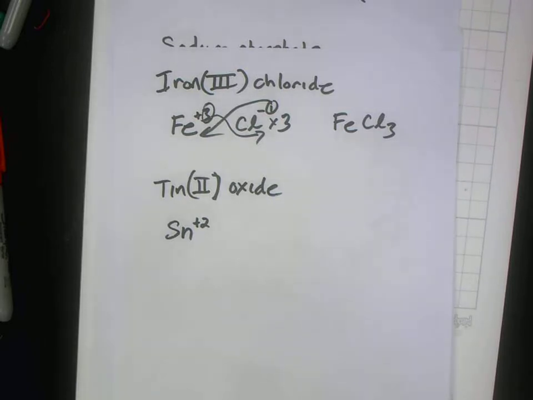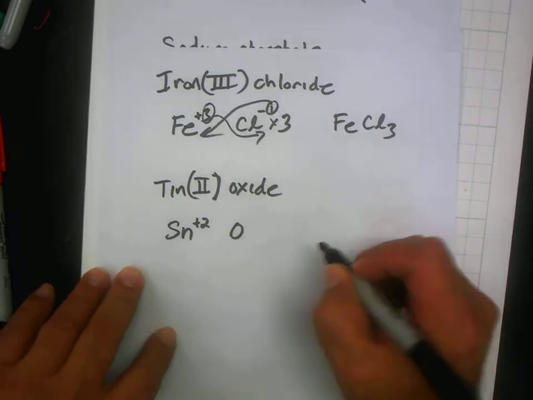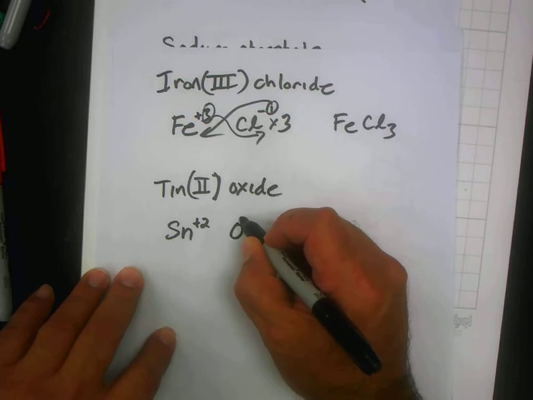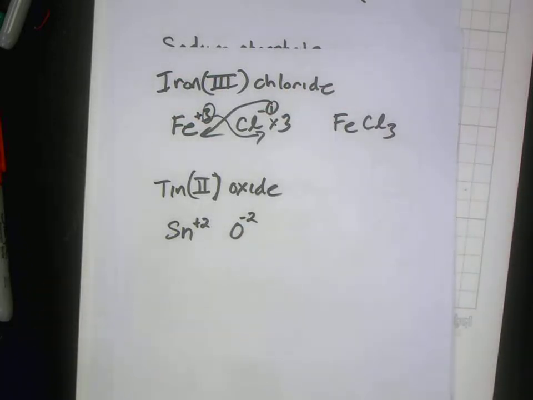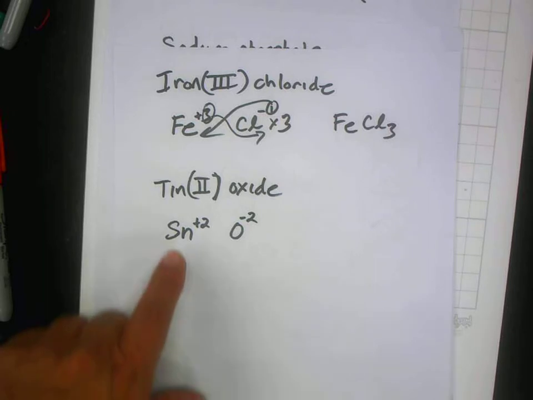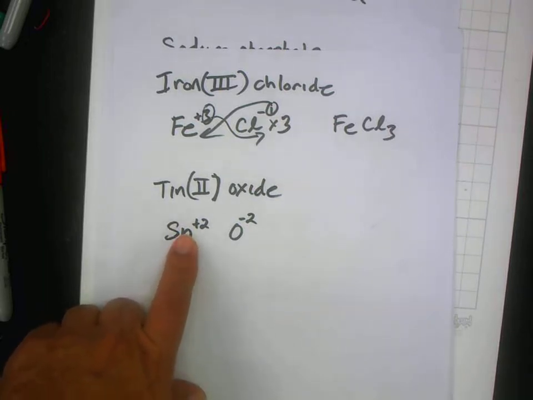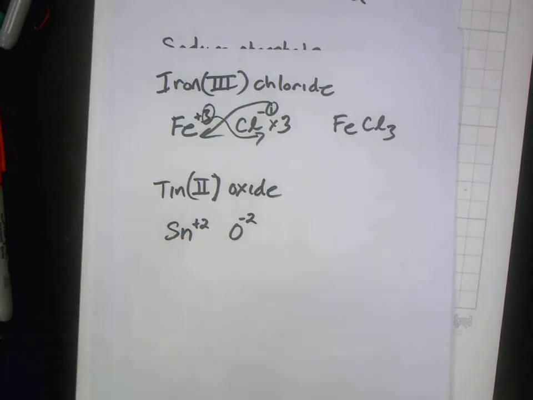Oxide is which element? Oxygen, right? Okay, so oxygen's number 8 on the periodic table. It's in column 16, so all the column 16 elements get a -2 charge. So since tin has a +2 charge, oxygen has a -2 charge, are they balanced?